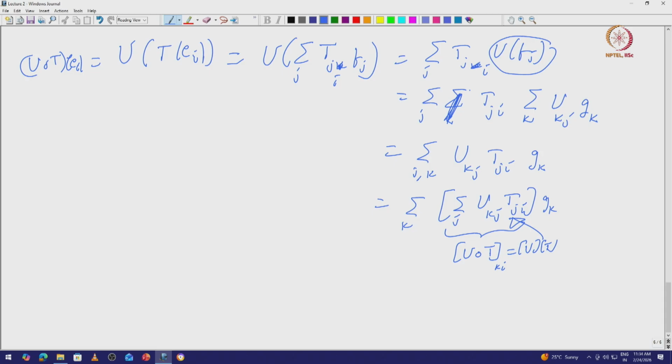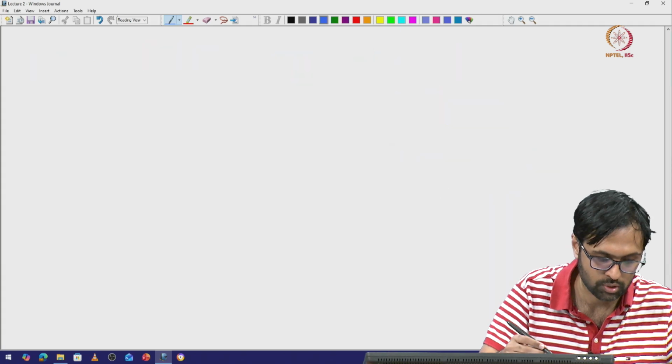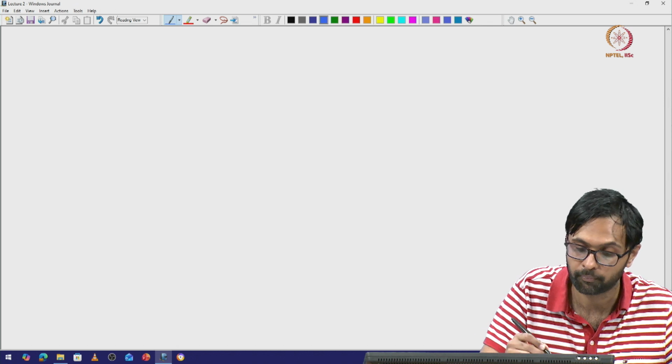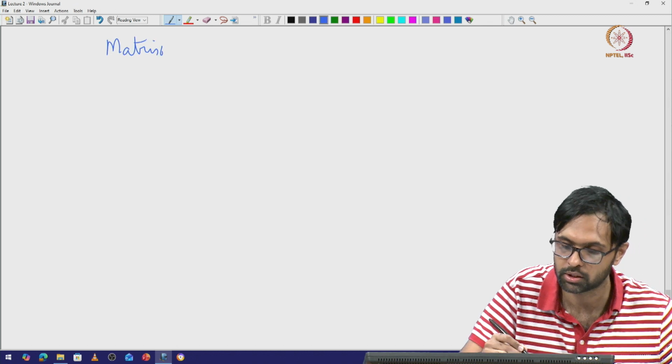So matrix multiplication satisfies a bunch of standard properties, as we all know.